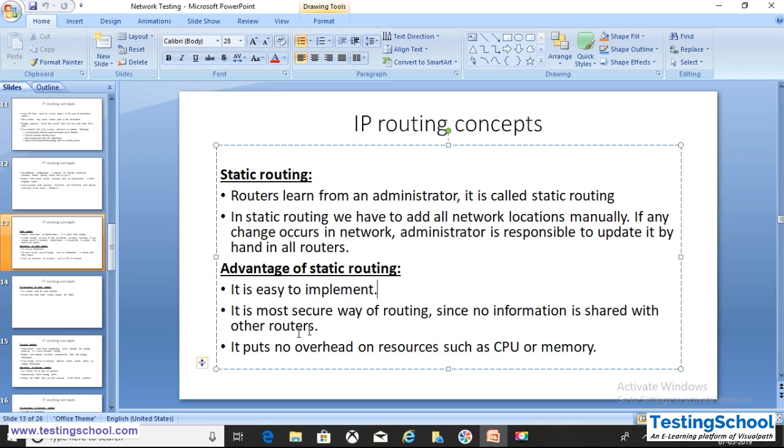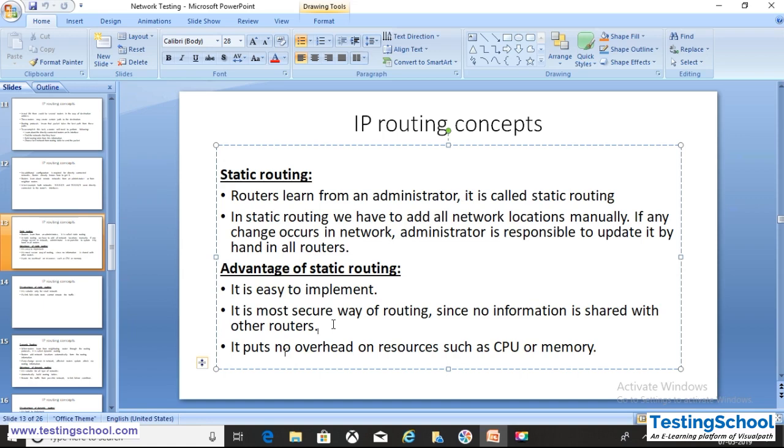So it is secure. Why are we saying it is secure? Because routers are not sharing information. Who is feeding the information? It is one administrator or one person. And what is the other advantage? No overhead on resources such as CPU or memory.